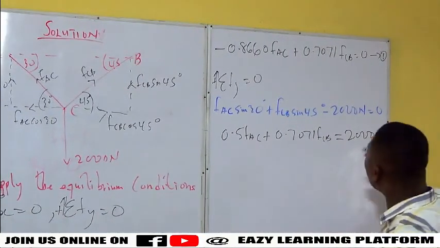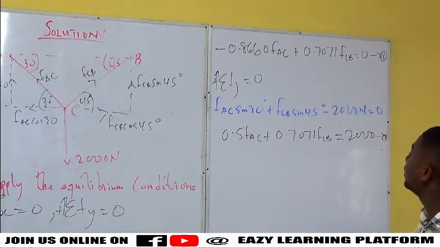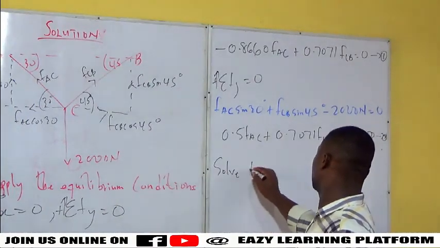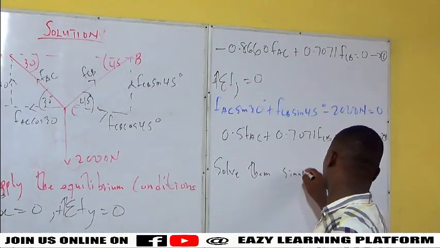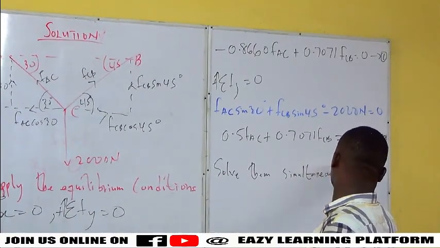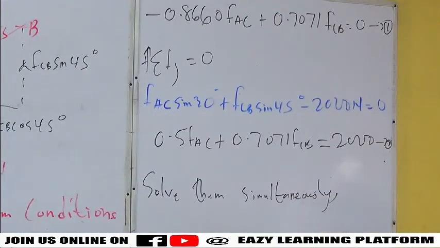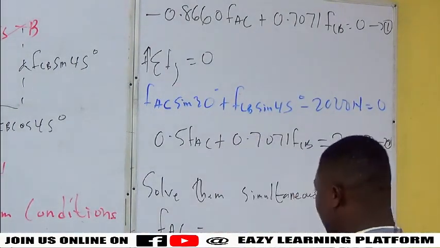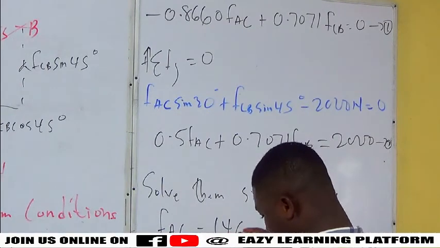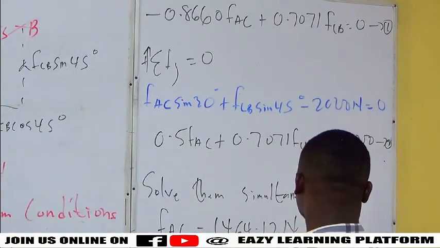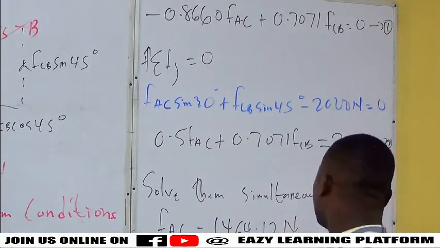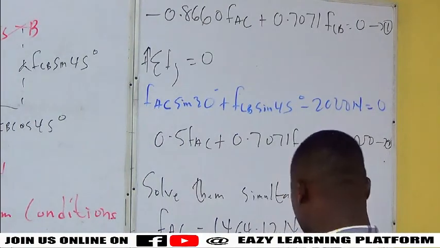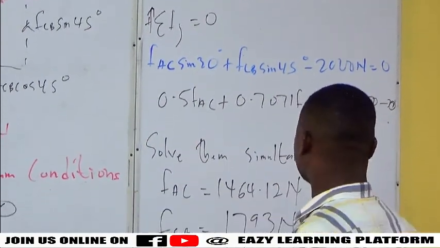So we have equation 1 and equation 2. Solving equation 1 and equation 2 simultaneously, we have FAC to be 1464.12 Newton, then FCB will be 1,793 Newton.